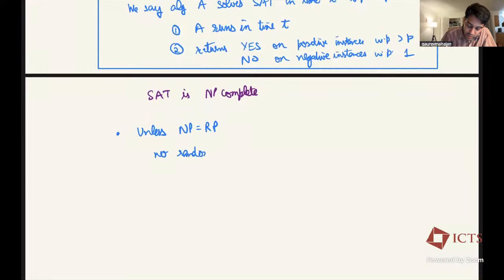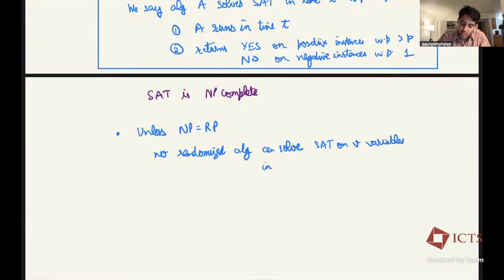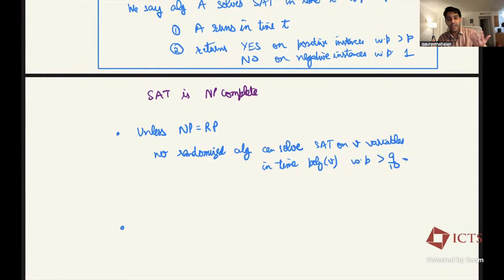So no randomized algorithm, according to the definition I just defined above, can solve SAT on V variables in time poly(V) with probability greater than 9/10. That's just because of how NP and RP are defined.